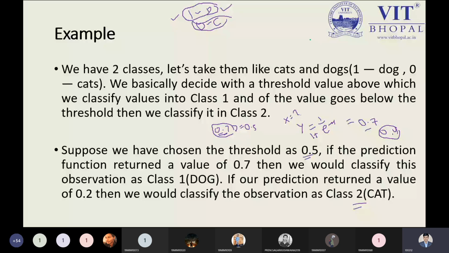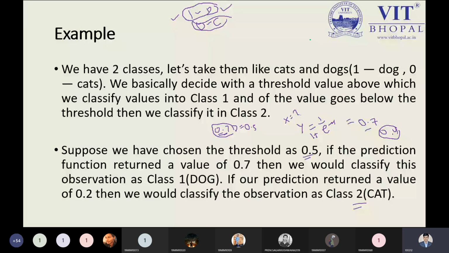After putting in the independent variables or feature values, suppose we are getting the value 0.7 over here, and we have decided the threshold value. Now you are getting 0.7, so you can say the threshold value is smaller than our outcome value, that is y.